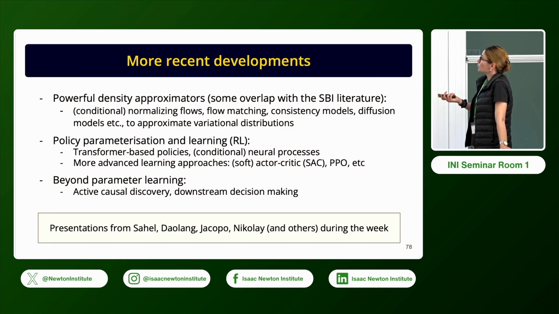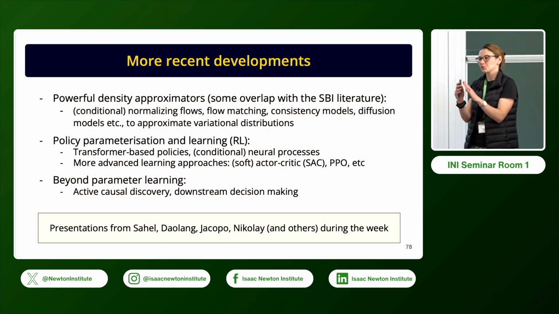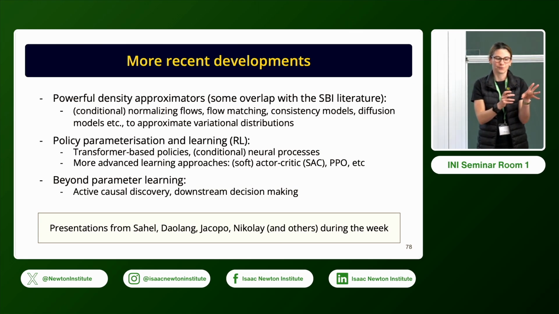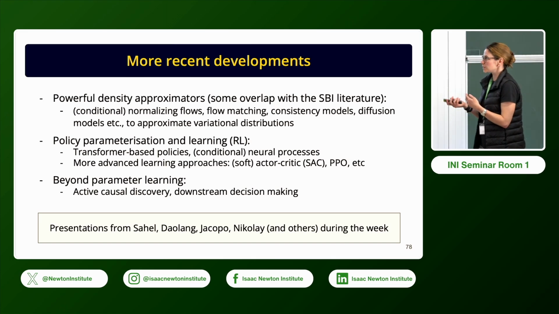So using things like conditional normalizing flows to approximate posteriors, flow matching, consistency models, diffusion models, and so on. These have universal approximation properties, so you shouldn't be super worried about whether you are biased or unbiased, right? We are getting some really good approximation schemes that, at least in the small dimensional problems that we're looking at, work really well.